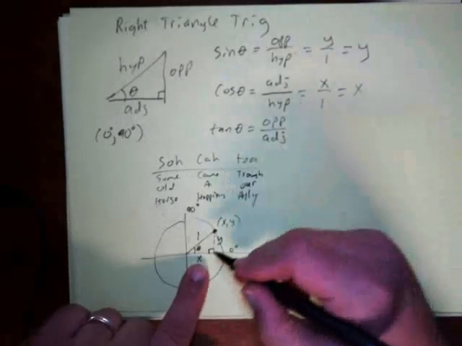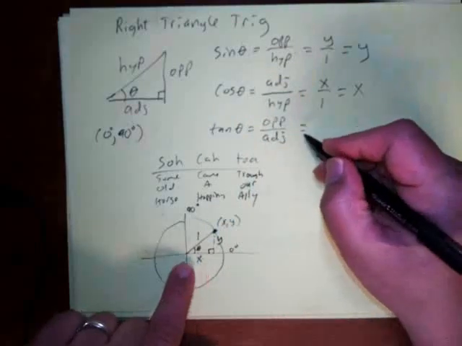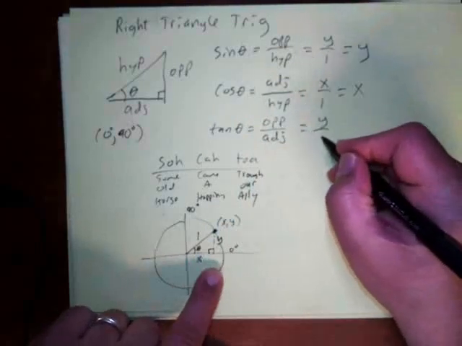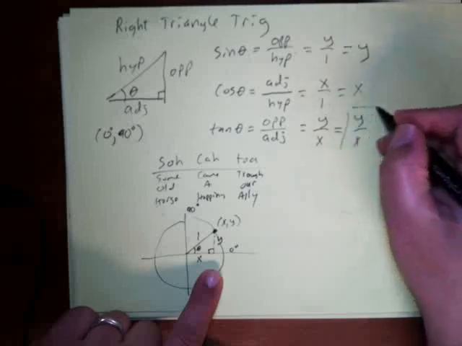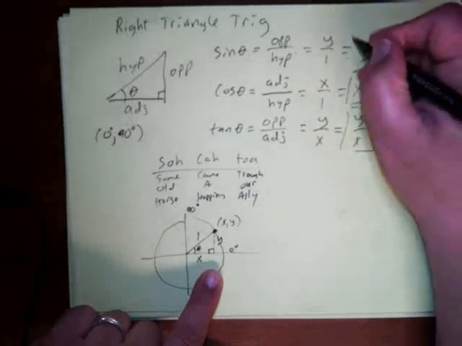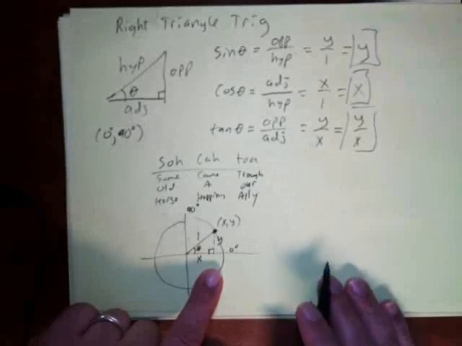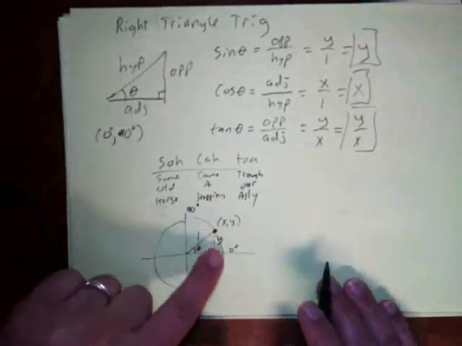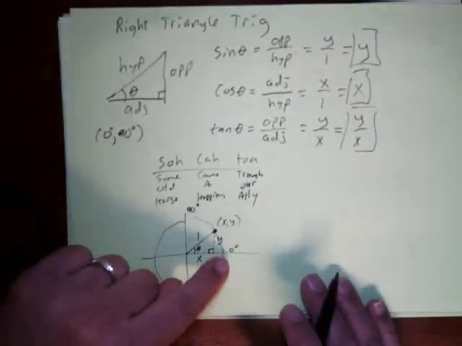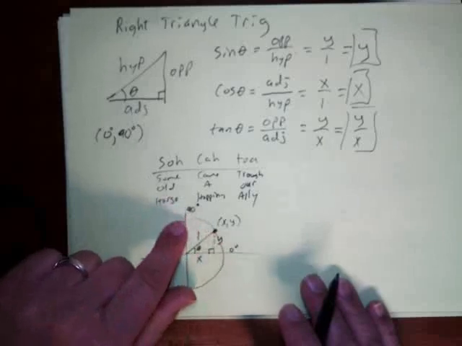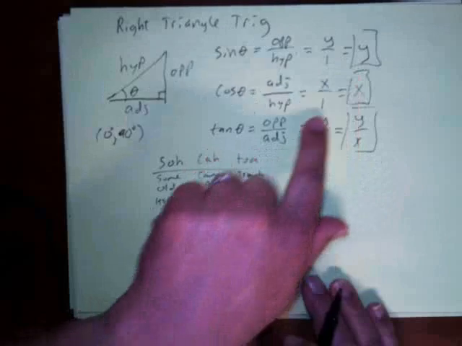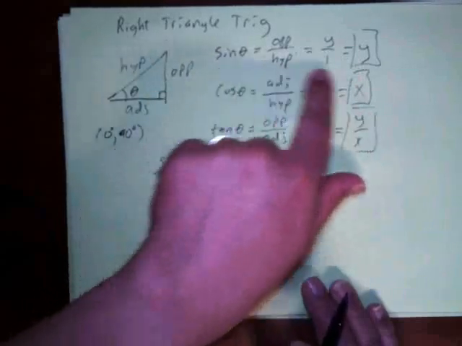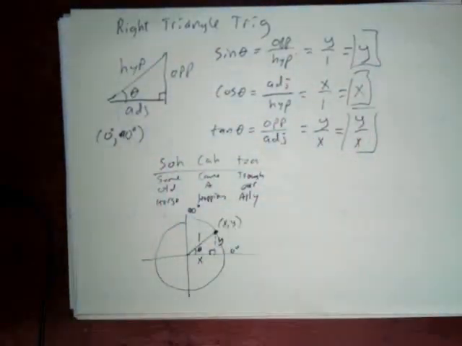And then the tangent would be the opposite over the adjacent, so y over x. The point is that this is the exact same thing you would get if you define the functions in terms of the unit circle. So from 0 to 90 degrees, cosine is equal to x, sine is equal to y, tangent is equal to y over x.